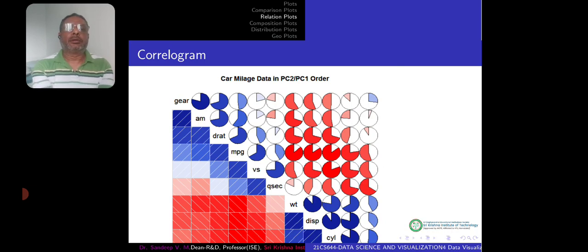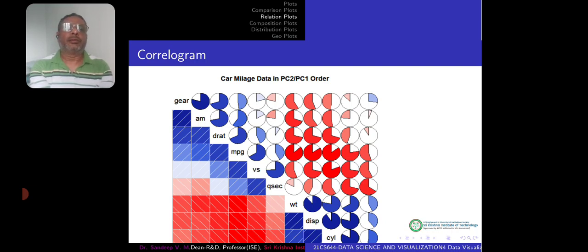And looking at gear versus VS, it's almost a gray-white cell, maybe the center one, so it doesn't have any correlation, so zero. Then getting down, we can see gear versus WT. It's a dark red, and red means maybe negative correlation, dark means more negative. So it's talking about a more negative slope, and so on.